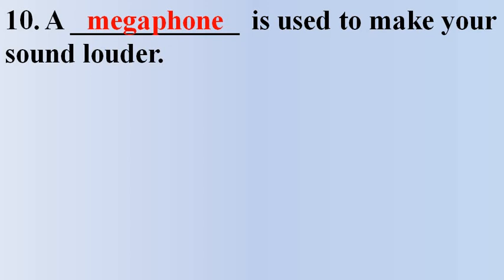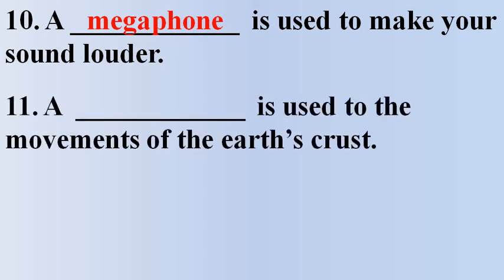Now let's move for the next blank. Number 11 is a blank is used to measure the movement of the Earth's crust. Answer is seismograph.